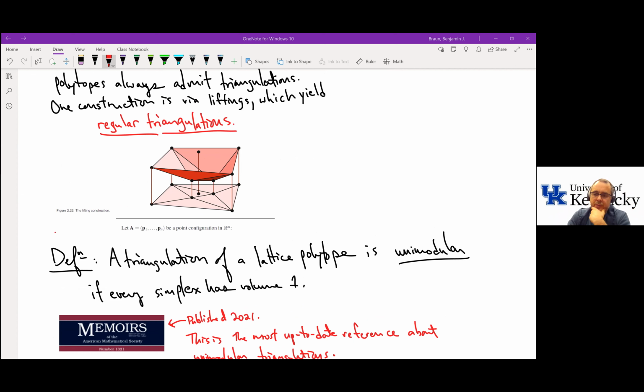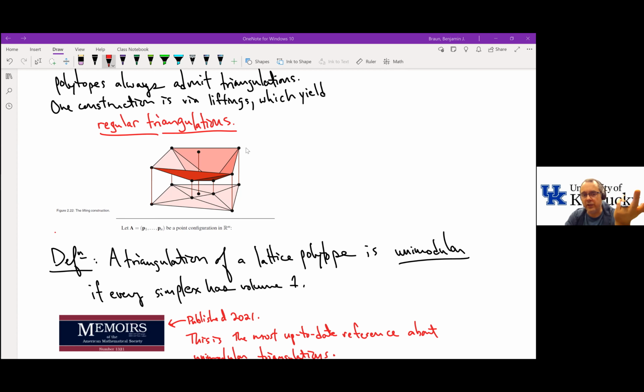All right. So triangulations exist. Jeremy asked, what does regular mean in this context? Regular means that it's the projection of a lifting. I don't know if there's some deeper meaning to the word regular in that case, but that's the defining quality: you do a lifting, take the convex hull, and project the lower envelope.